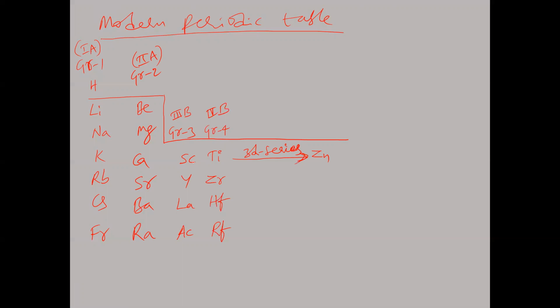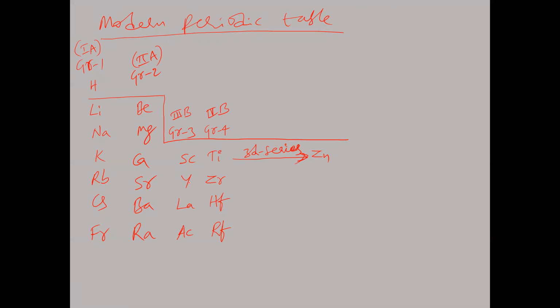The 3D series starts from scandium and ends with zinc. So scandium 21 to zinc 30, all these 10 elements are called 3D series elements. So the 3D series contains 10 elements. Remember.